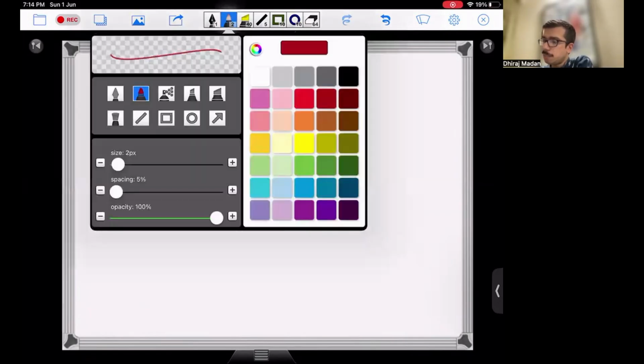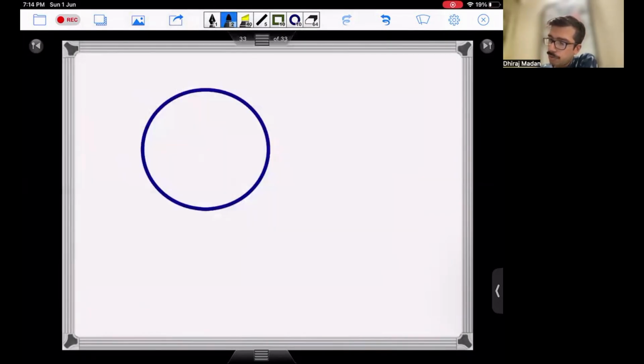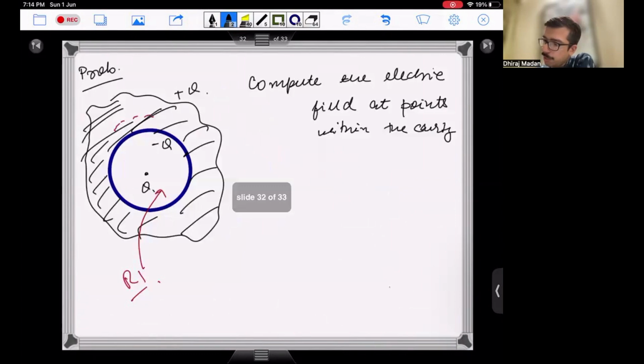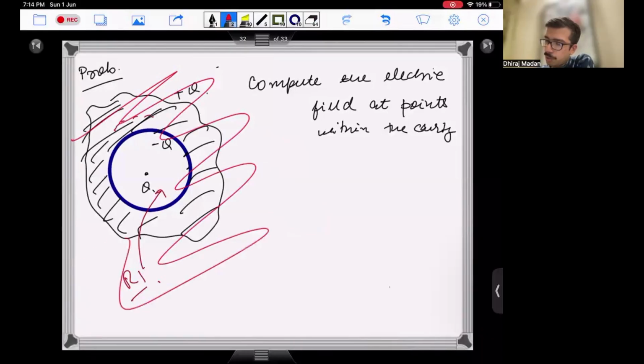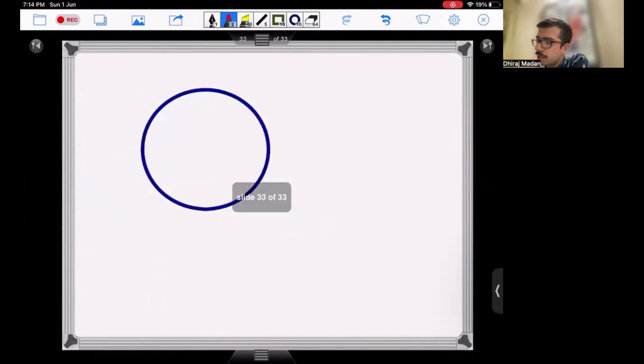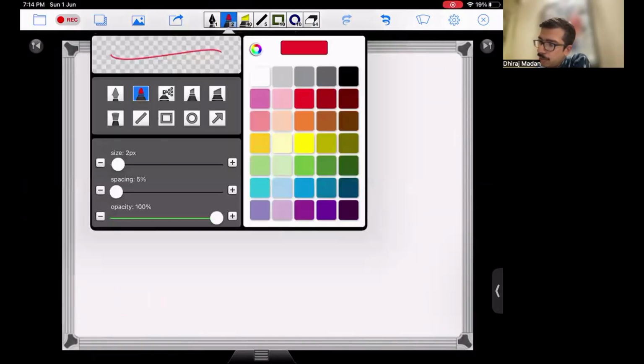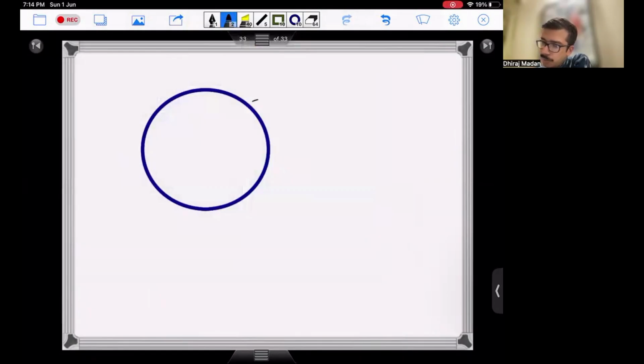This uniform spherical surface bounds R1, and whatever is outside is immaterial to me; I just ignore it. I only need to look at the charges inside and the net charge on the surface. The net charge on the surface is minus q, and we have plus q at the center.